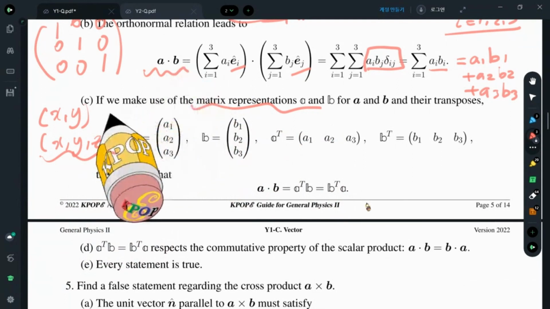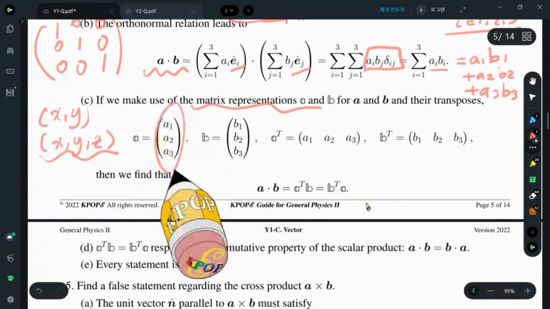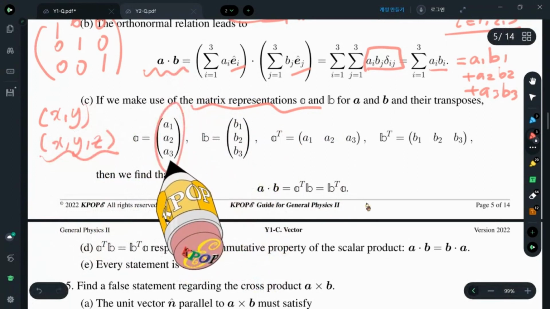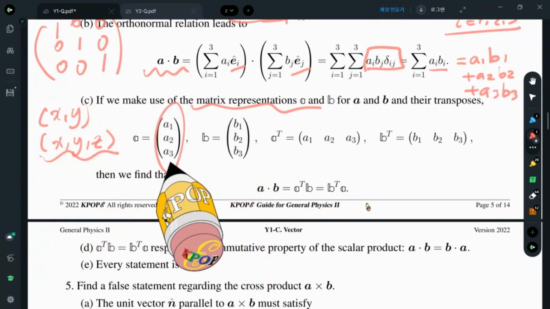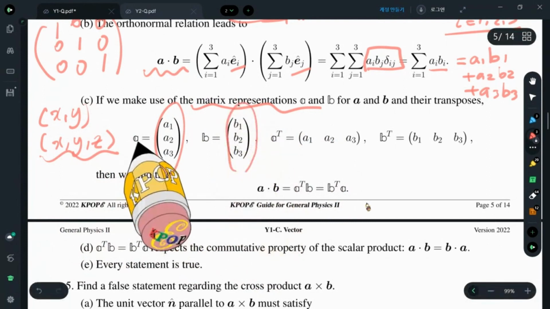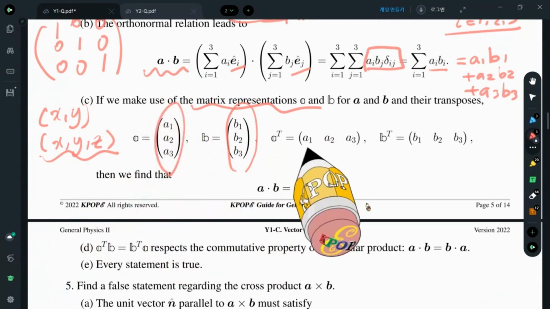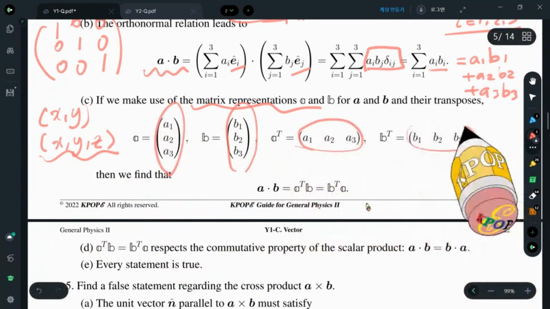And if we generalize this into a column vector, A1, A2, A3, the first, second, third Cartesian components, and B1, B2, B3, we define the transpose of this column matrix to be a row matrix.